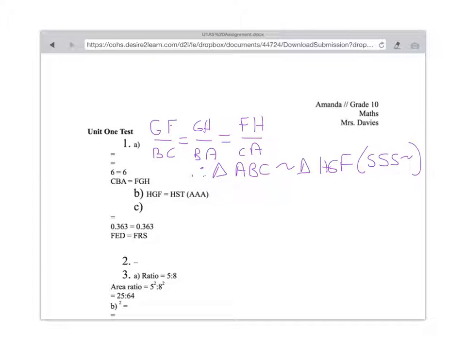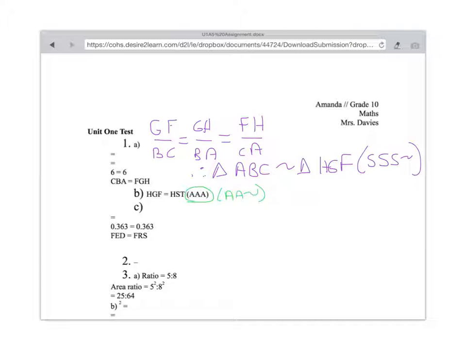For question 1, you have to pick out what's equal and go through the steps of proving why those two triangles are similar. So in part B, you've said AAA. Now we just write AA because if you have two equal angles, then the third angle is also equal, so you don't need to write the third one.